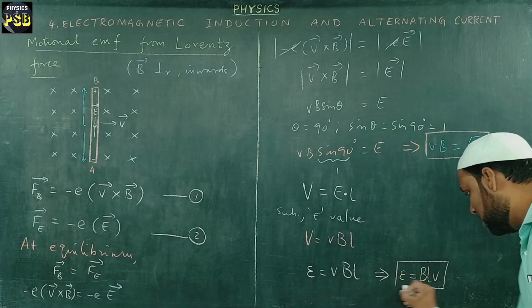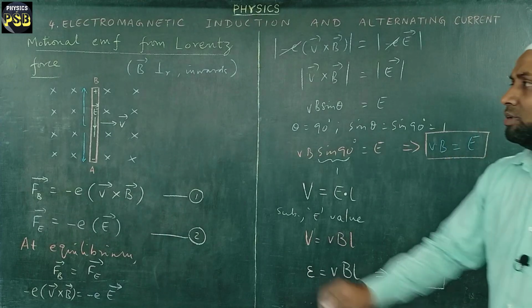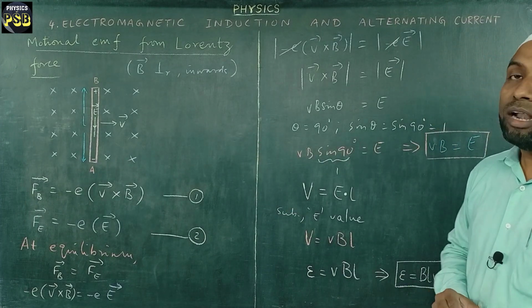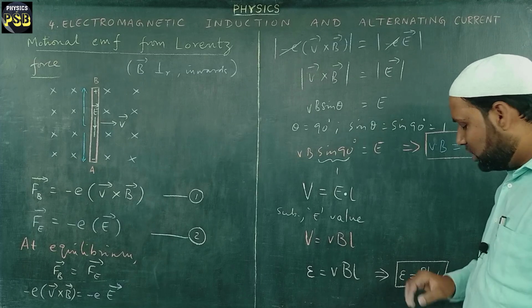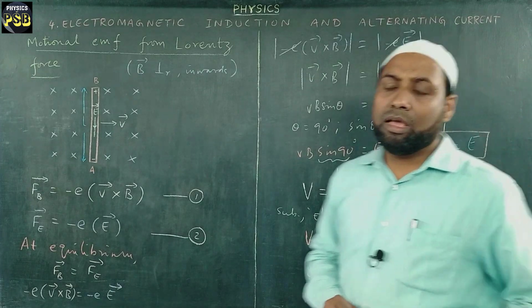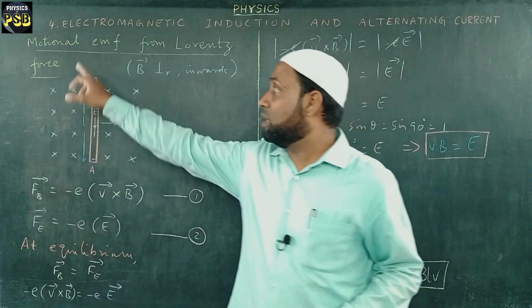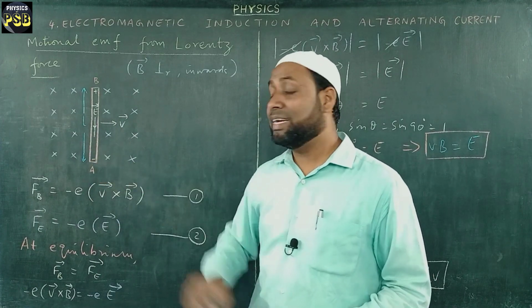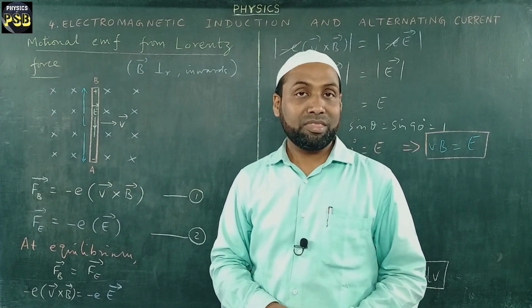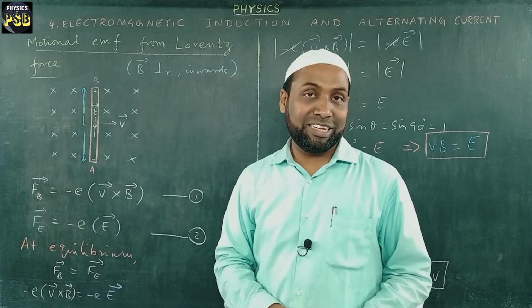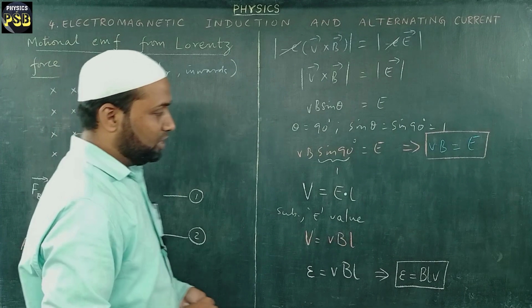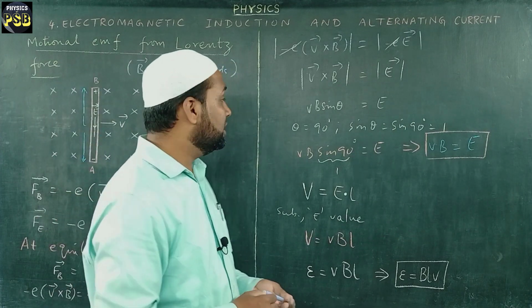This is the final expression that represents the EMF produced in the rod AB. Now, this EMF is named motional EMF because it is generated due to the motion of the conducting rod AB with some velocity.